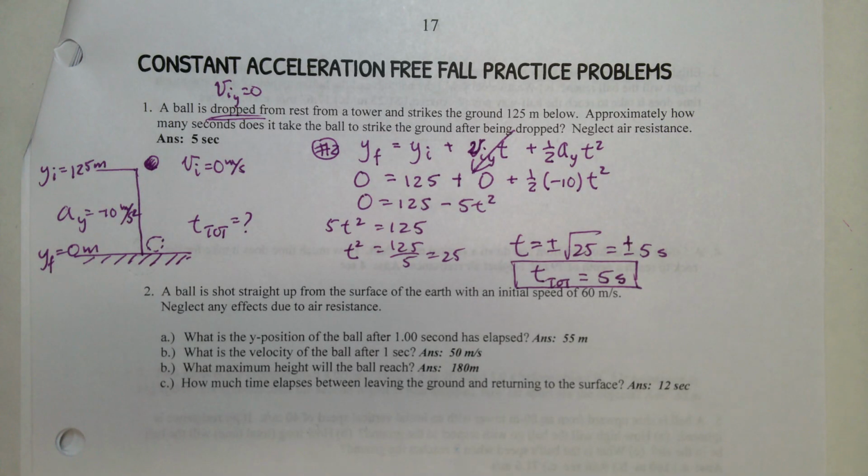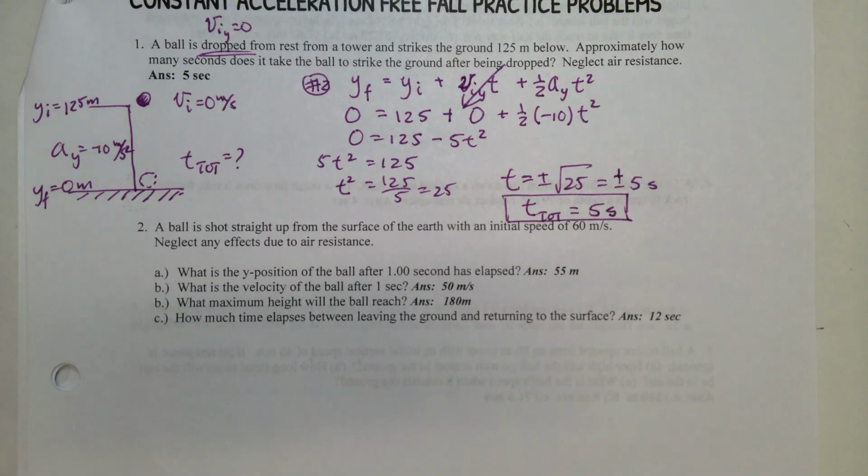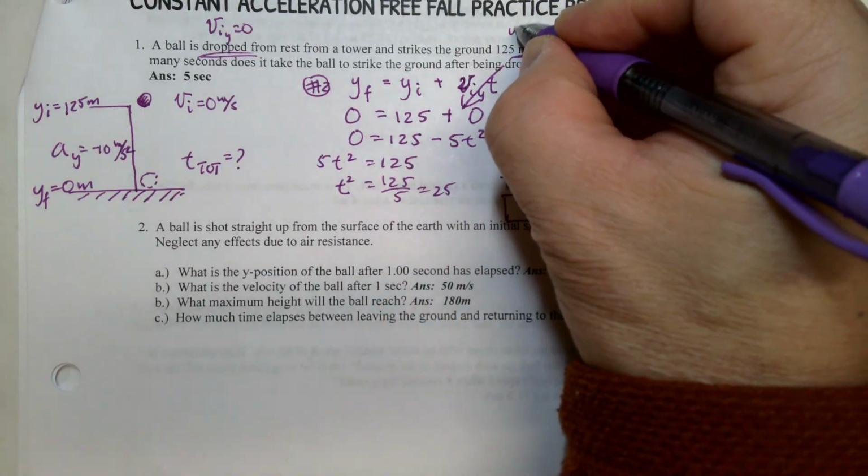All right. I think half the battle is reading the problem very carefully, and then recognizing what's given to you. As soon as you recognize, oh, this is this, and this is this, you could recognize it by looking at the units. This one right here is y initial.